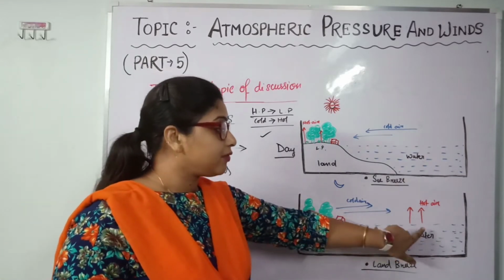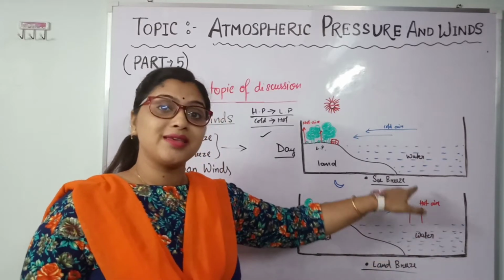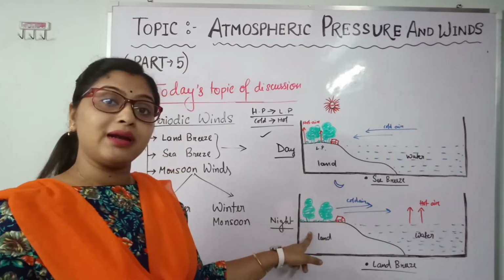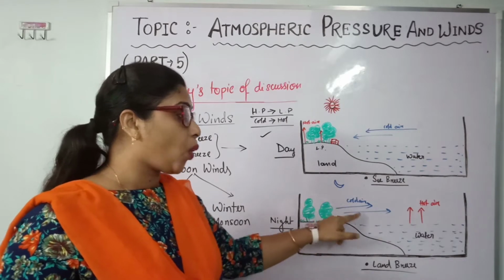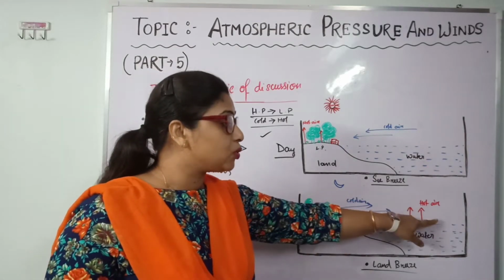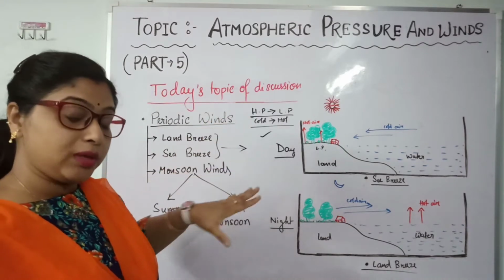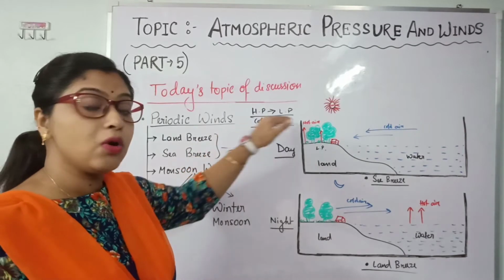So over the water bodies the hot air is rising up at night time, but as the land has become colder than the water bodies, cold air will blow from the land towards the water bodies, as the wind blows from high pressure to low pressure, or cold area to hot area.